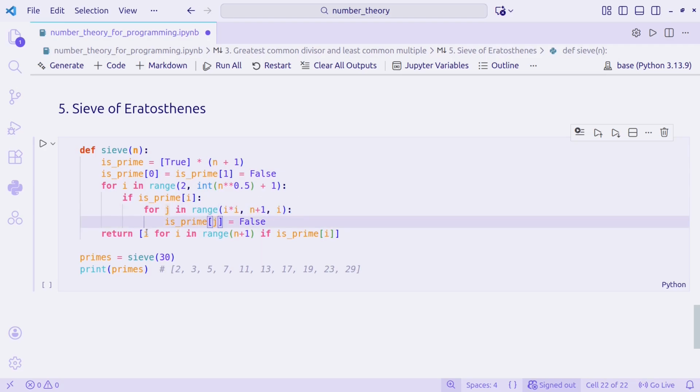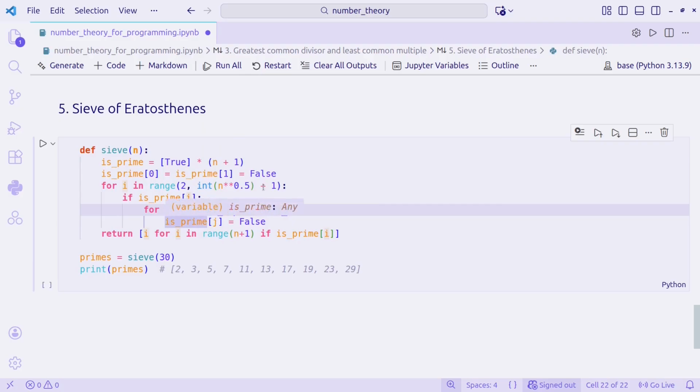Okay, and then I repeat the process for other i's, and I just do i squared plus i repeatedly to do the removal of the numbers from the list. And I'm just required to return the corresponding numbers when the is_prime value here is true. Okay, so I will just leave the prime numbers in my answer.